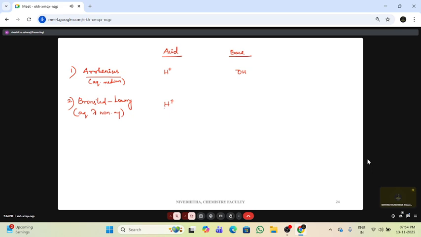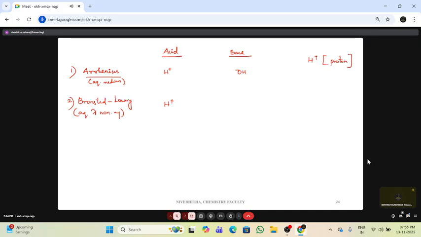If that compound accepts H plus ion from the solvent, then that is base. H plus is nothing but proton. Why H plus is called as proton?